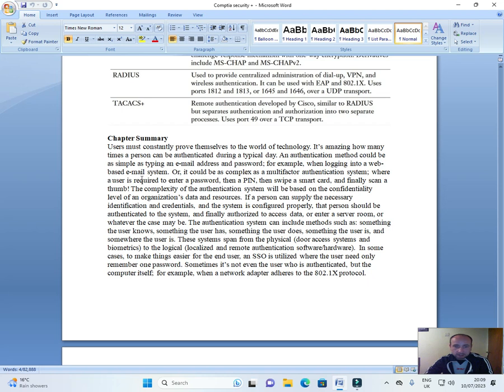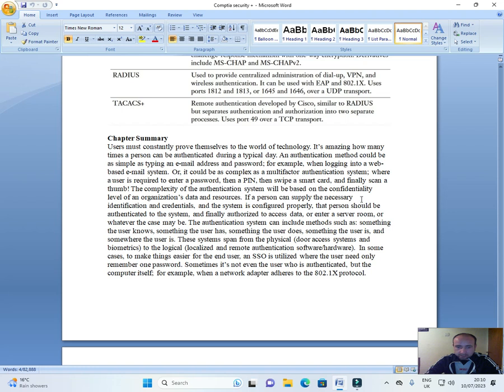An authentication method could be as simple as typing an email address and password, for example, when logging into a web-based email system, or it could be as complex as a multi-factor authentication system, where a user is required to enter a password, then a PIN, then swipe a smart card, and finally scan a thumb. The complexity of the authentication system will be based on the confidentiality level of an organization's data and resources.